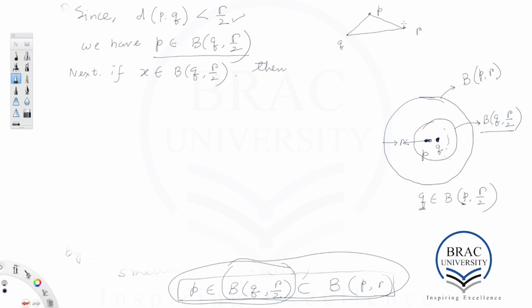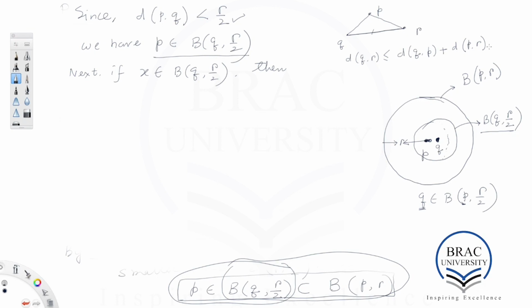Then the distance between Q and R, this arm of the triangle, is less than or equal to the distance between Q and P plus the distance between P and R. This is how you read the triangle inequality for the property of a metric.